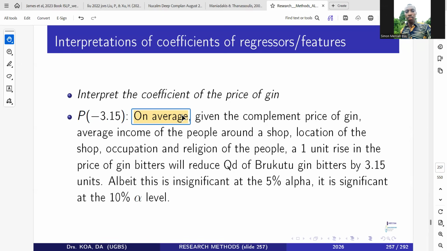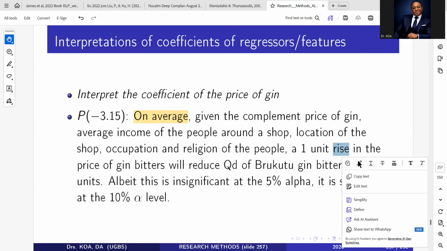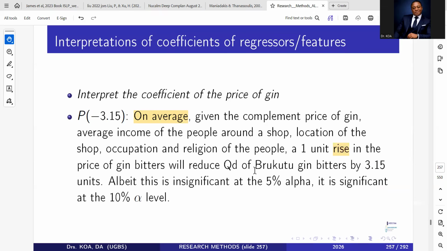It is a changing variable. And therefore, that is why we use words like rise. Otherwise, you will not use words like 1 unit rise or 1 unit increase in the price of gin. When you did a 1 unit increase, you said it will reduce the quantity demanded.